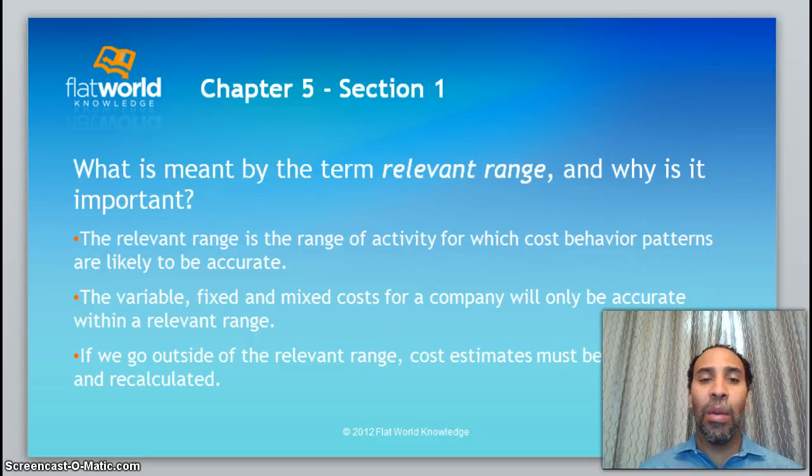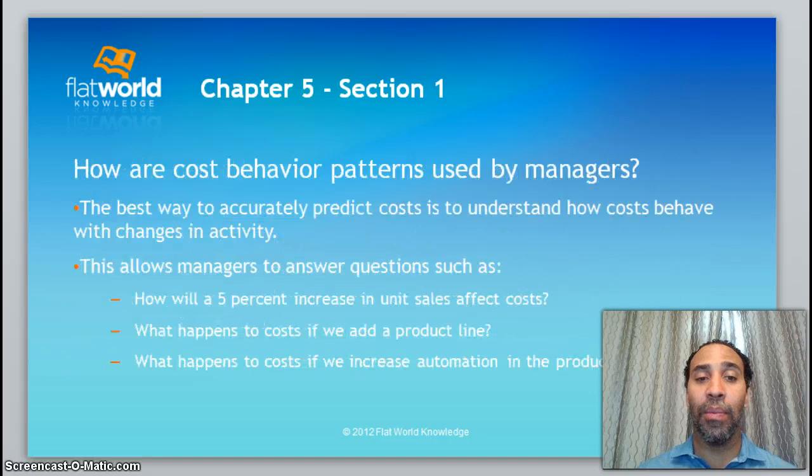These are estimates, but it should be within that relevant range. When you get outside that relevant range, you have to start making different calculations and decisions. The variable, fixed, and mixed costs for a company will only be accurate within this range. These figures will not be accurate outside of it. If we go outside the relevant range, cost estimates must be reevaluated and recalculated, which is more work for the managerial accountants.